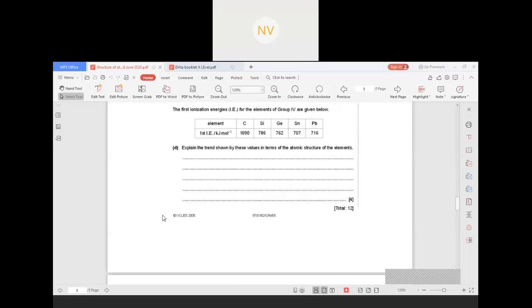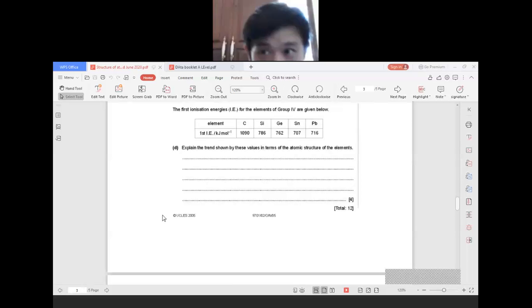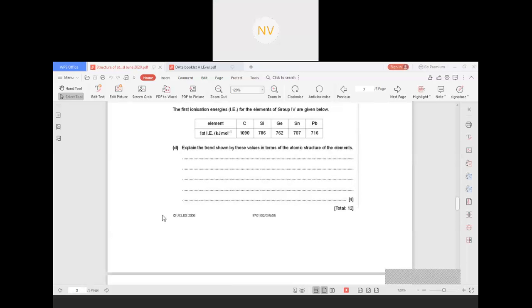Yes, Nathan. The trend shows that as you go to the right, there is a decrease in the first ionization energy required. What I can see from here is that as you go to the right of this table, the element is placed going down the periodic table.